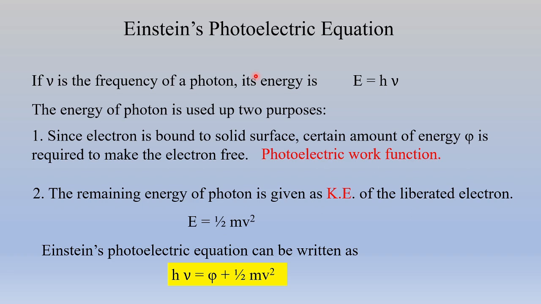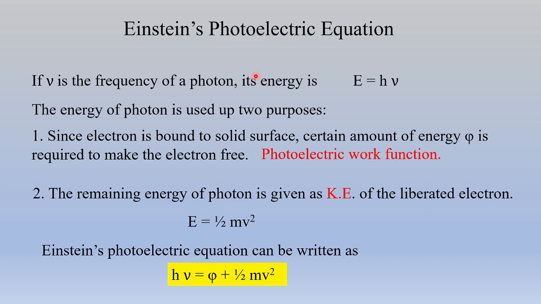Phi is the work function, and half mv square is the kinetic energy of the electron. So this is Einstein's photoelectric equation. Here the work function is a constant for a given material. It is different for different materials. For a particular material, it is a constant.